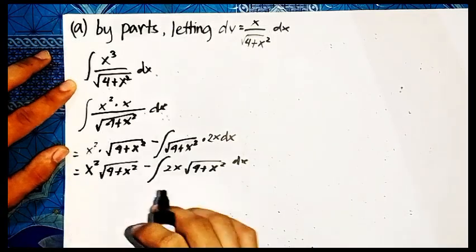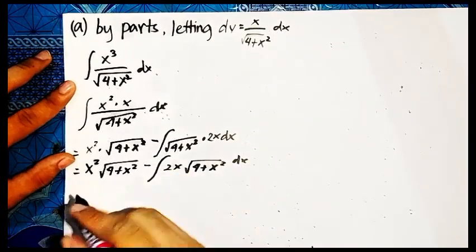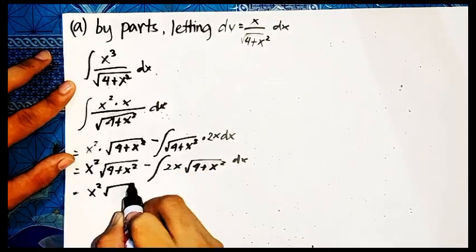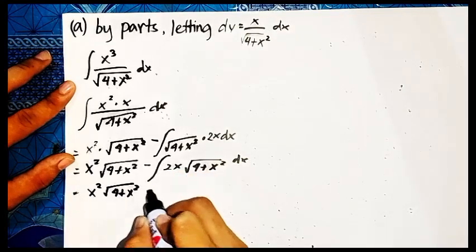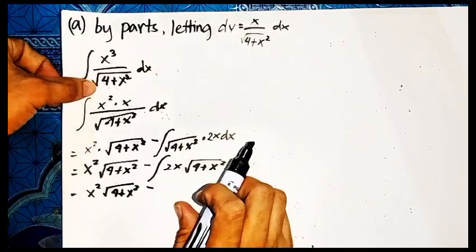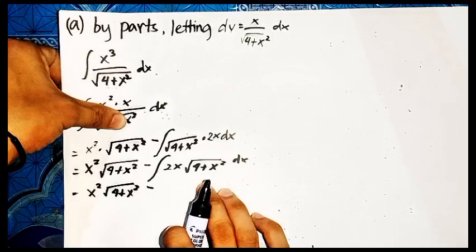Now, to integrate this one, let's first copy x squared square root of 4 plus x squared minus. To integrate this, we're going to use substitution again.